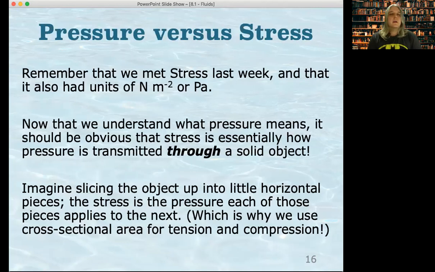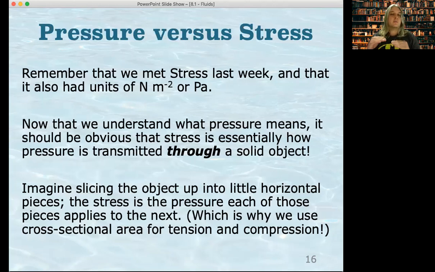Remember, we met stress last week, and that was a force over an area. So now, hopefully, visualizing the jug on a box or the brick on a shelf, you can understand how stress and pressure relate. Right?